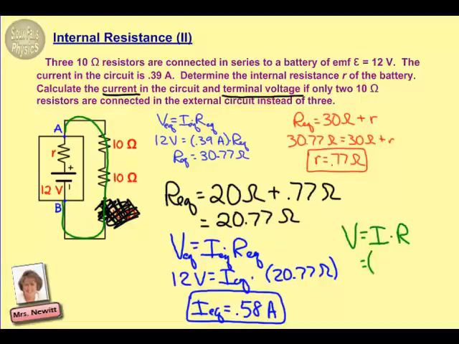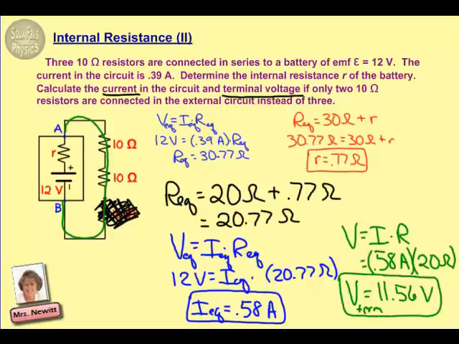So we can take the 0.58 amps of current in the circuit times the 20 ohm resistor, and we end up with a voltage for the external circuit of 11.56 volts that is actually applied to the two 10 ohm resistors.